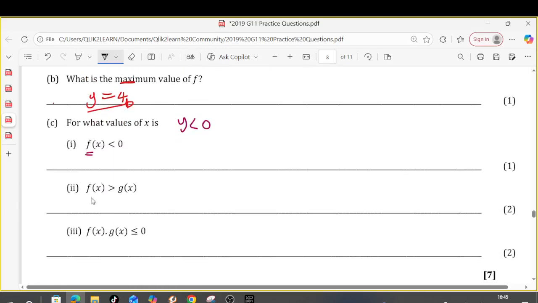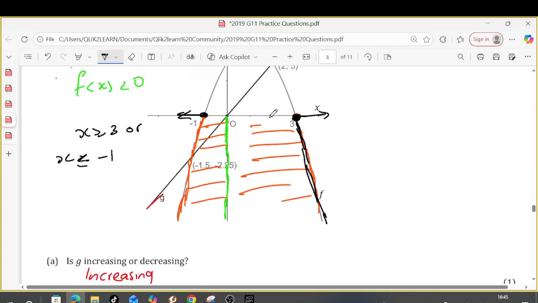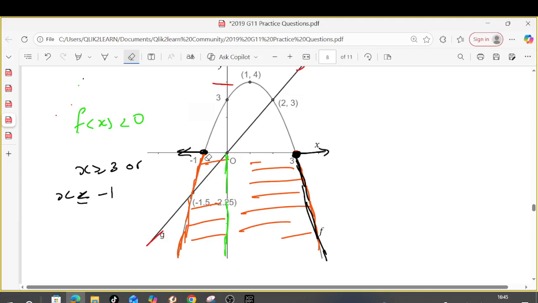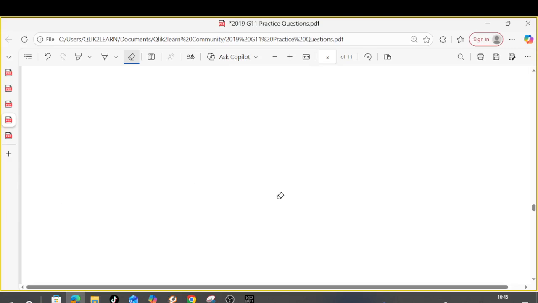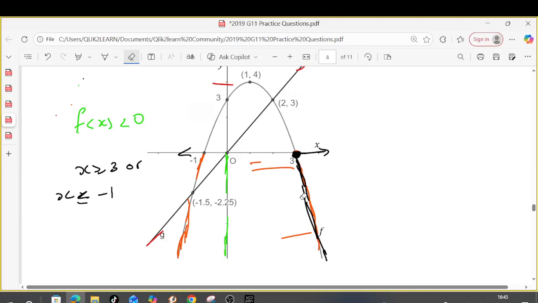Next question: where is f(x) greater than g(x)? They are asking, where is f(x) above g(x)? I'm just going to highlight it again on the graph.